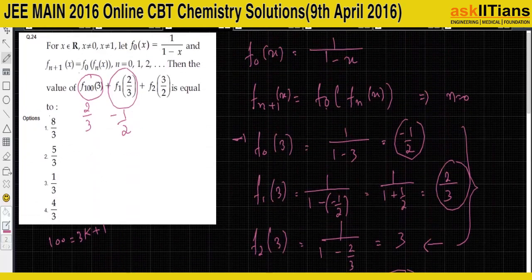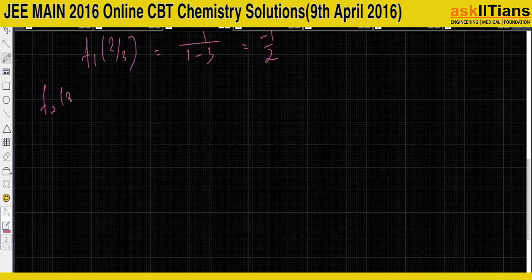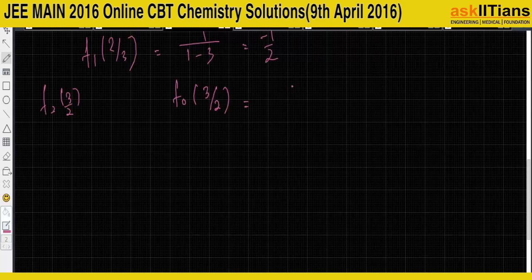This quantity is -1/2, and f2(3/2) I want to find out. So first I'll find f0(3/2). Okay, so this will be 1 divided by (1-3/2), so this will be -2, basically.